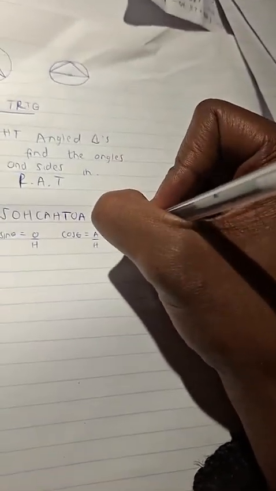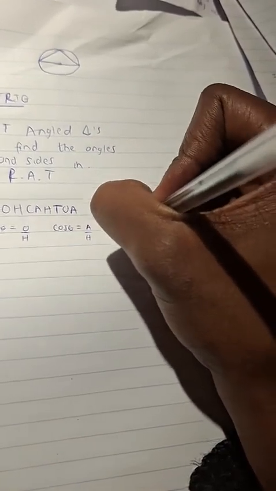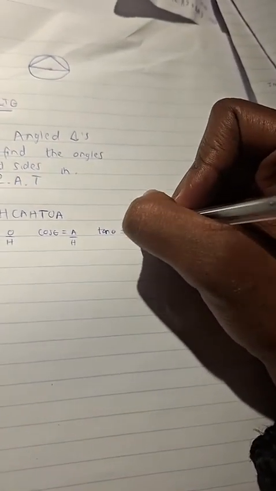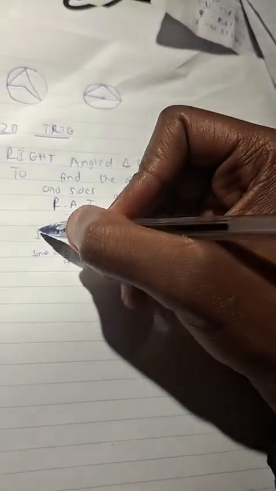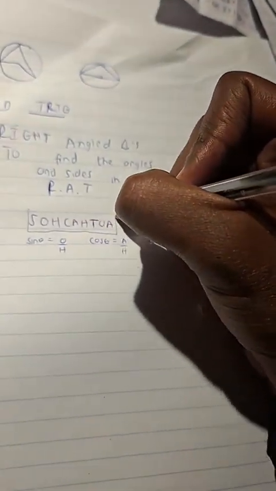So I'm sure you know them. Sine of theta is opposite over hypotenuse, cos is adjacent over hypotenuse, and then tan is opposite over adjacent. Okay, so no problem with that.